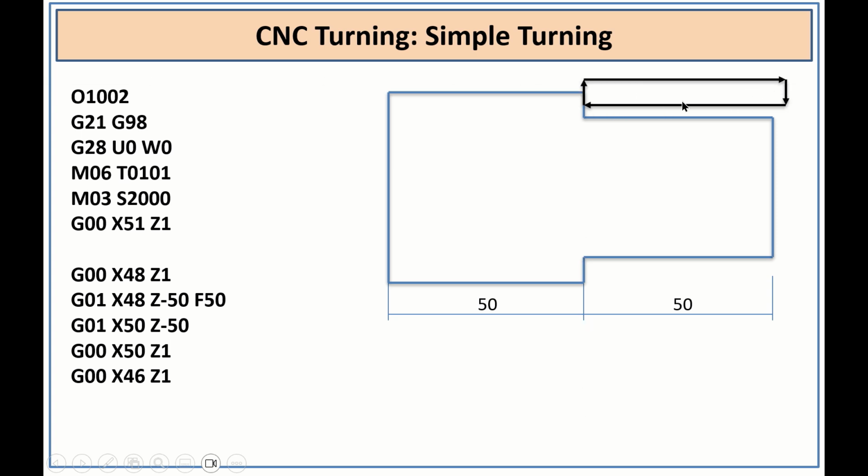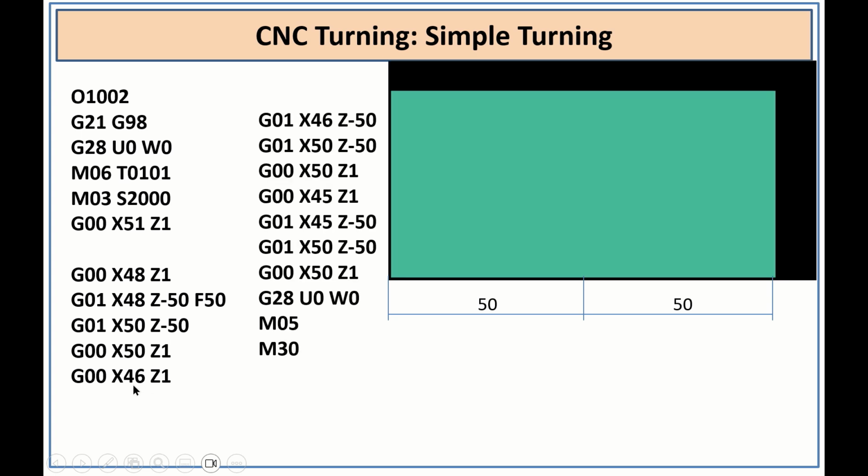In a similar manner I need to do several cycles till it gets a 45 mm diameter. Now for the second cycle I am giving the X value as 46. That means it is again taking 2 mm depth of cut and performing the cycle, and for the last cut I am giving only 1 mm depth of cut, that is X45.